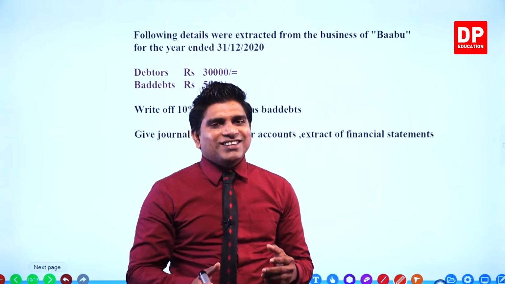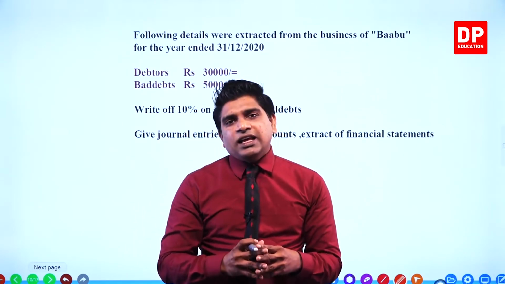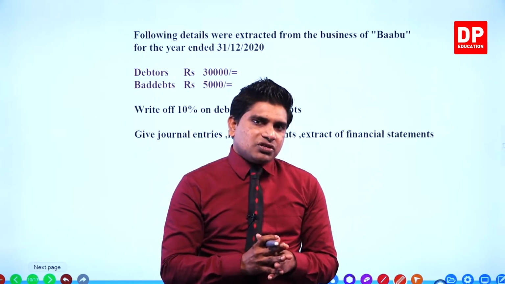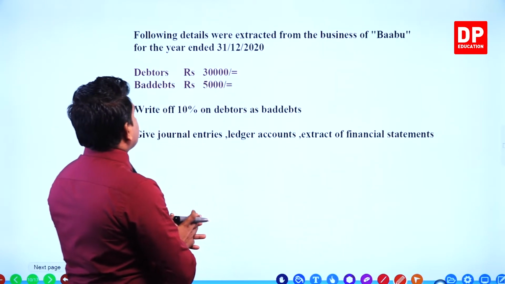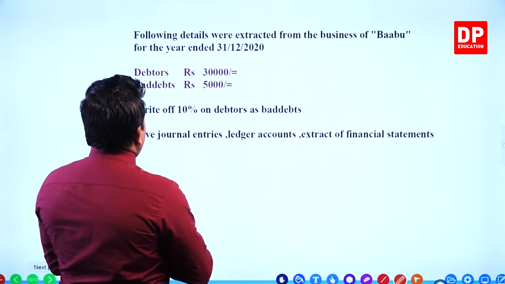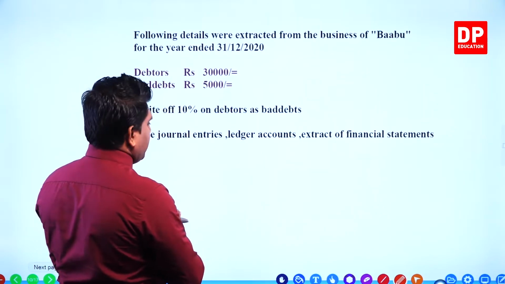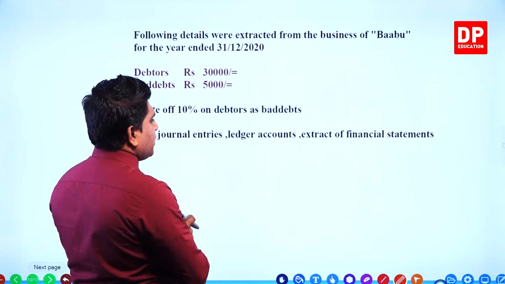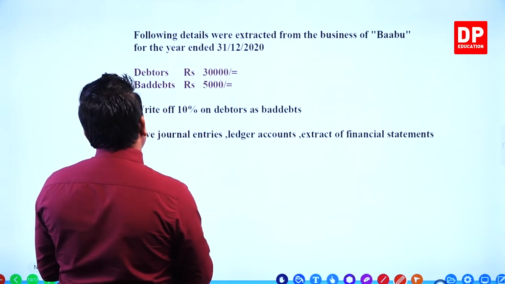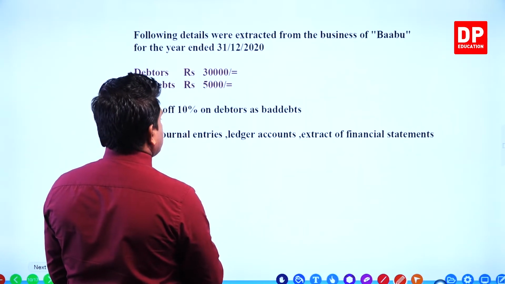Here and there, because you know the theory, now we practice some questions, right? Debtors 30,000, bad debts 5,000. Write off 10% on debtors as bad debts. Give journal entries, ledger accounts, extract of financial statements.